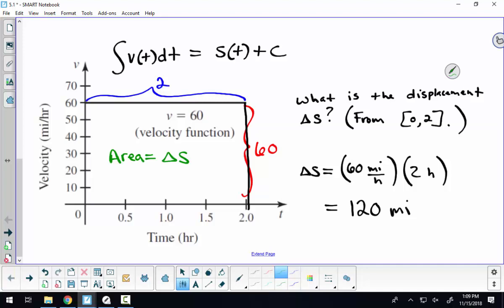So it might give us a little bit of insight into how the antiderivative plays into a physical interpretation. If we look at the antiderivative of some function, what we're doing is computing the area between some time and the function itself.